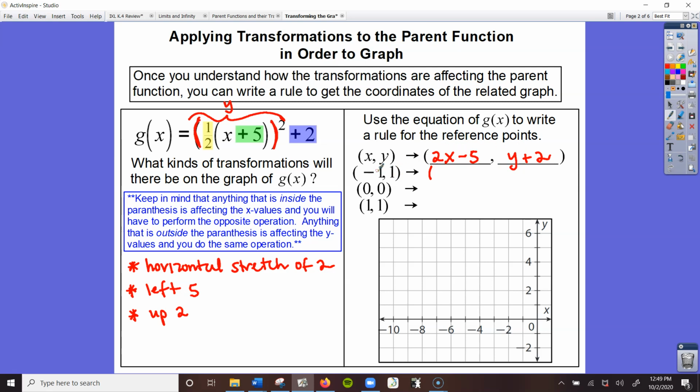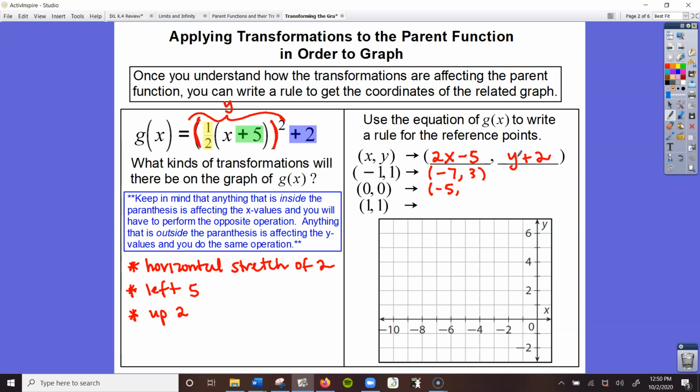So if I plug in -1 into the x, I would have 2 times -1, which is -2, and then minus 5, so -7. Then I plug in the 1 into the rule for the y. So I do 1 plus 2, which is 3. Then I plug in 0, 0. So 0 for the x, 2 times 0 is 0, minus 5 is -5.